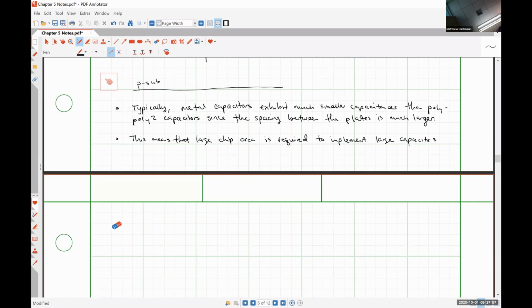So if we take a look at a quick example problem, let's calculate the capacitance of a metal 1 to metal 2 capacitor formed with 100 micron by 100 micron metal plates.